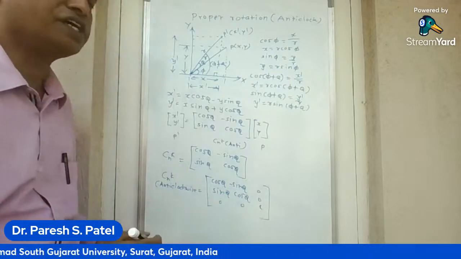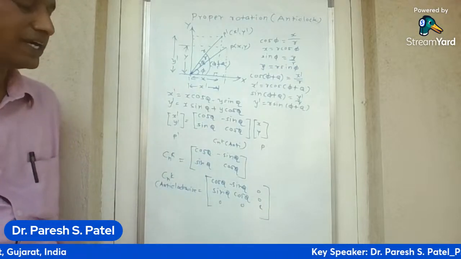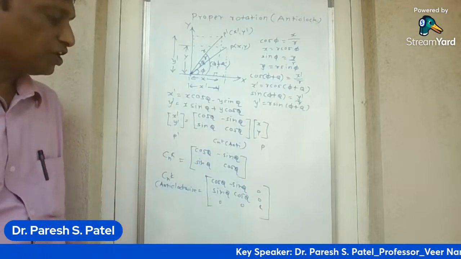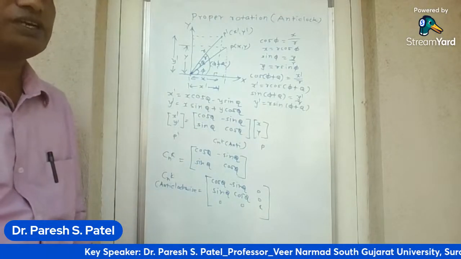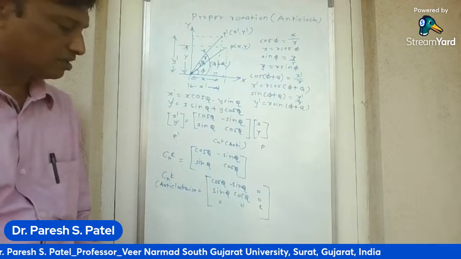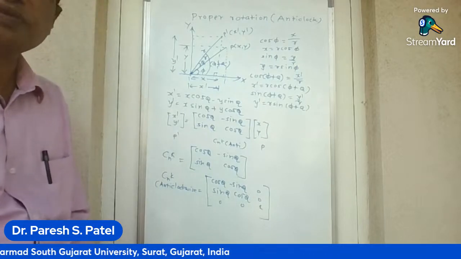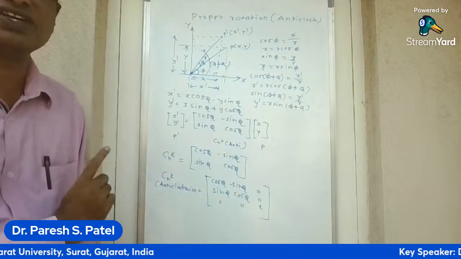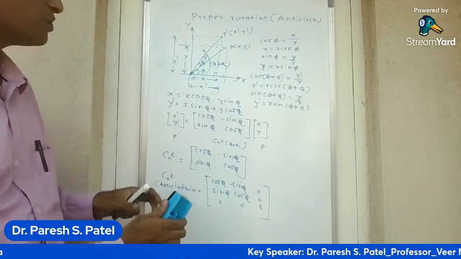Okay, so dear students, this is the matrix representation for anti-clockwise rotation. If we put in the value of theta, then we can find the matrix for anti-clockwise rotation for any molecule. Okay, so this is the derivation. So remember that this is the derivation of anti-clockwise proper rotation.